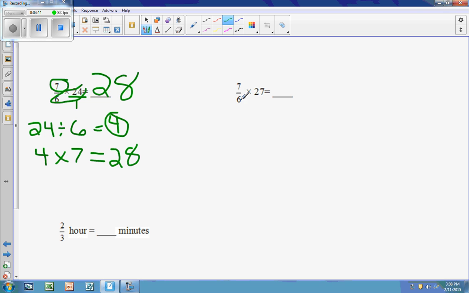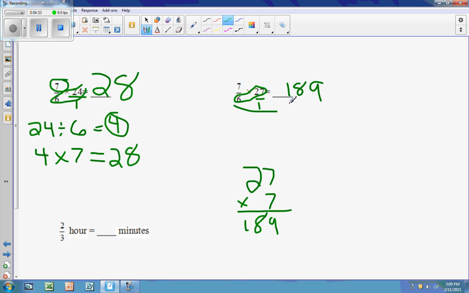Sometimes we do have big numbers that we have to use because I cannot multiply or divide 27 and 6. I have to put this over 1. I have to stick with that. So I go down here and I do 27 times 7. And I get 189. And when I multiply across on the bottom, I get 6. Now I have to divide because these are big numbers.